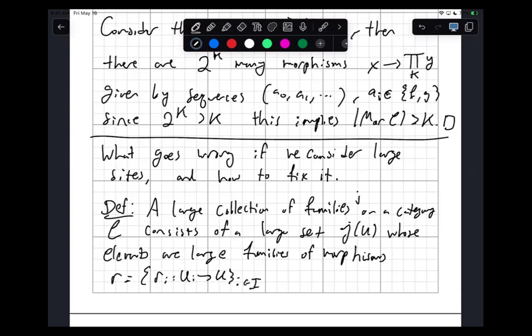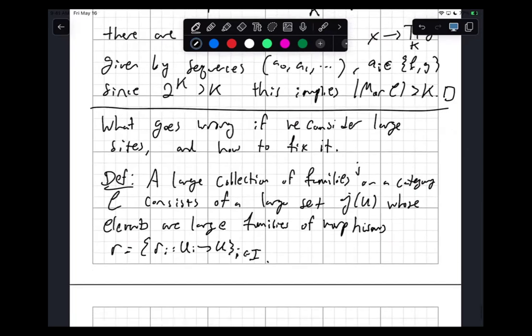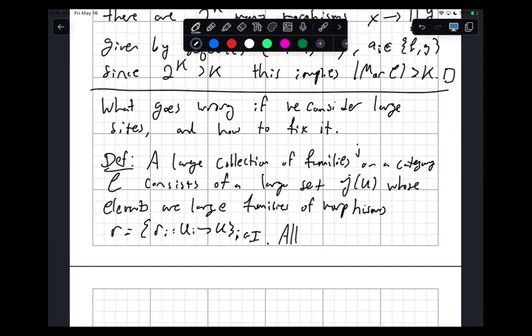Now you let this indexing set I be large. All the other definitions we talked about so far carry over just as before. In particular, pre-sheaves and sheaves and all of that still makes sense.